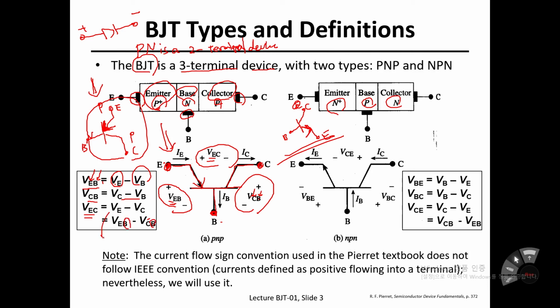And one more thing is, if you would like to know the voltage difference with respect to base, then the answer can be like this: VE minus VB plus VB minus VC, and this guy would be minus (VC minus VB). So this VE minus VB means voltage difference between emitter and base. So you can write it VEB. And this VB minus VC is identical to minus (VC minus VB).